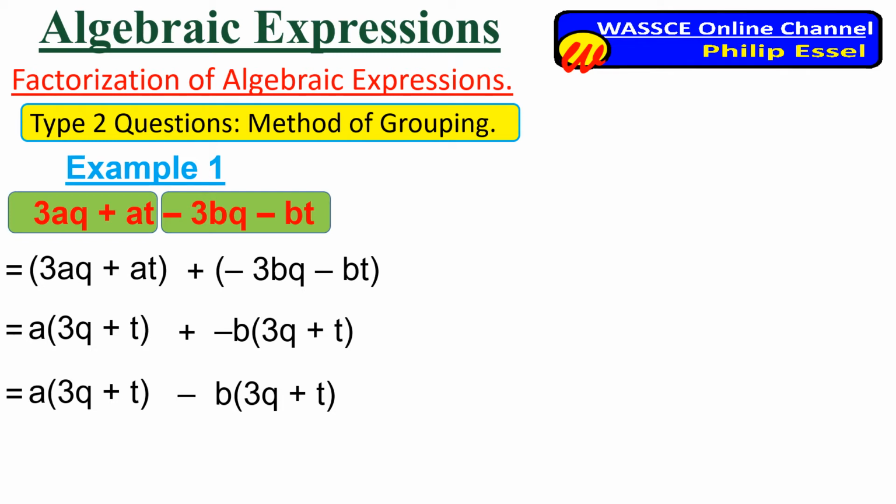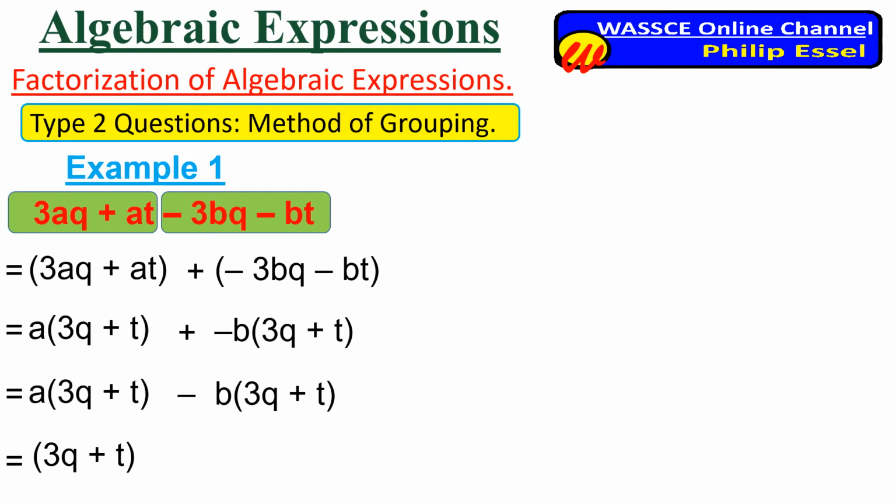And from these two terms, the item in bracket 3q plus t is common to both terms. You find that item in the left term, and you also find it in the right term. So we would factorize it out. So let's write it aside. So let's write 3q plus t all in brackets.